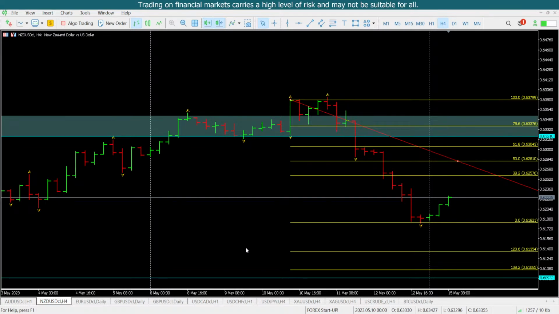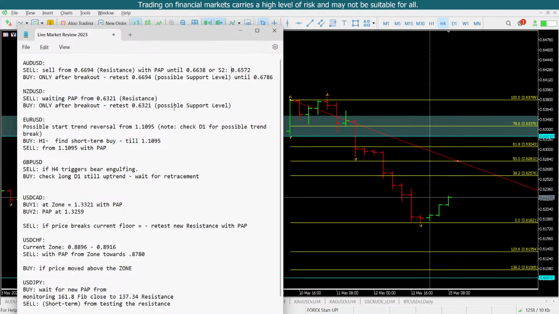So, ayun. So, if we'll put that into notes, okay, balik tayo sa D1. Dun pa rin naman, waiting for the price to pull back to ito, yan yung current resistance, sell with, of course, price action pattern.